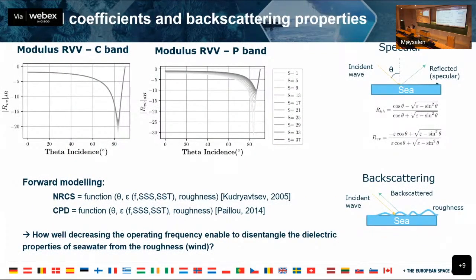So very fast, I will go through it, because afterwards it will be more detailed. When you want to understand what the sensitivities are, the first observable that you can look at is the Fresnel coefficient.